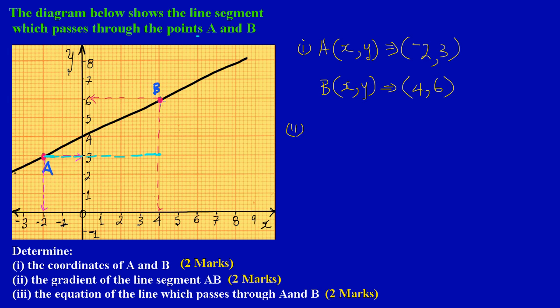Then I'm going to come from B, coming down, and where these 2 points intersect, it forms a right angle triangle under the line. Now the gradient from the line is equal to up over across.